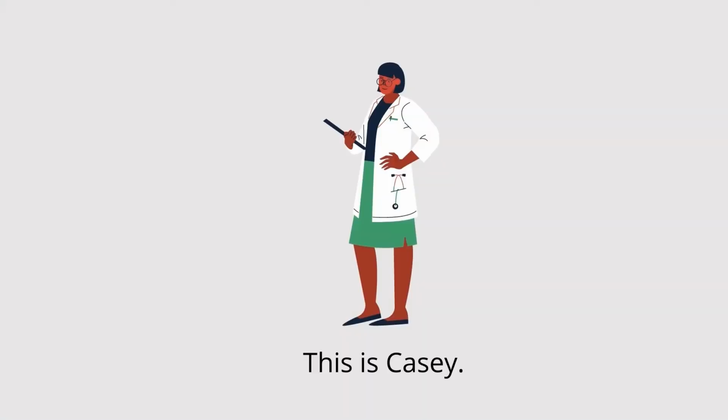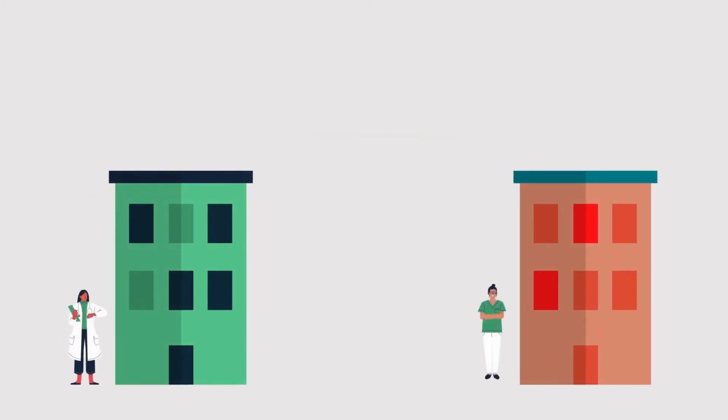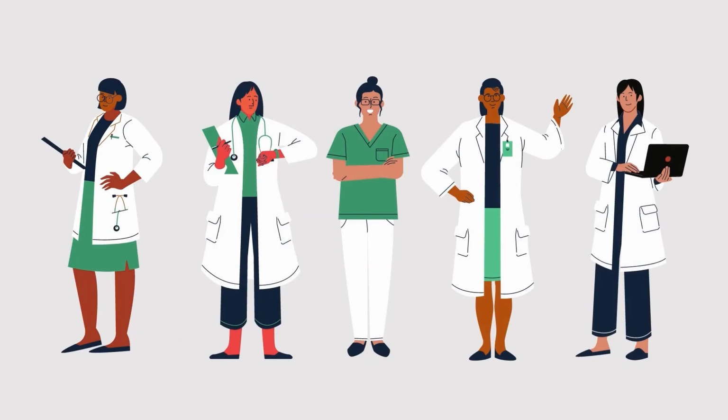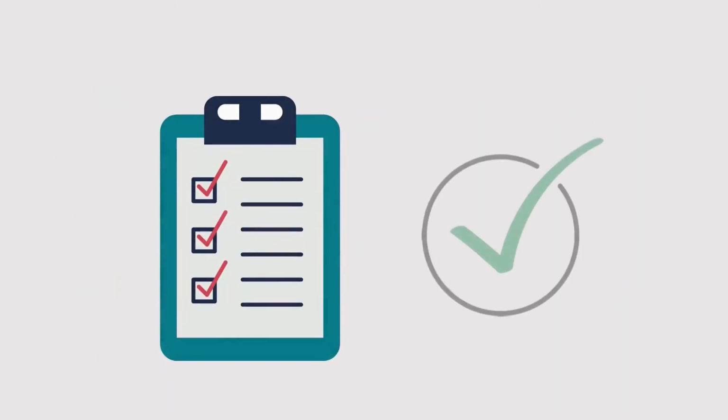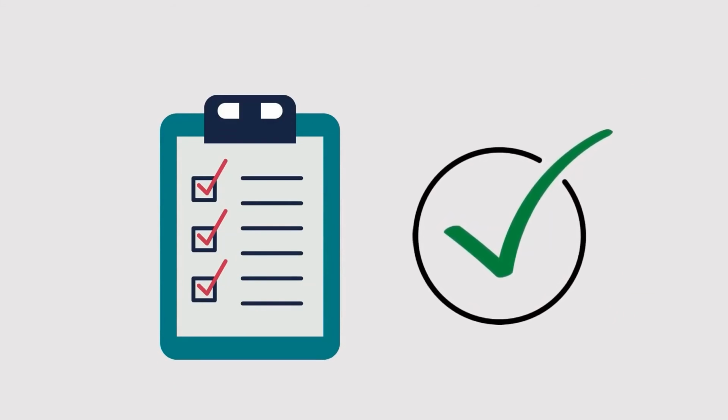This is Casey. She's the infection control lead at Forest Manor. She has invited a couple of IPAC leads from nearby long-term care homes, an epidemiologist, and a coordinator from the IPAC Hub and Spoke team to join in an exercise that will assess the consistency of application of case definitions for infection.